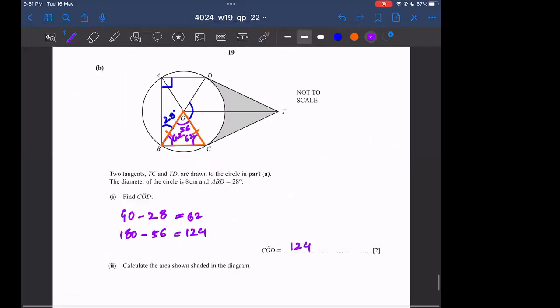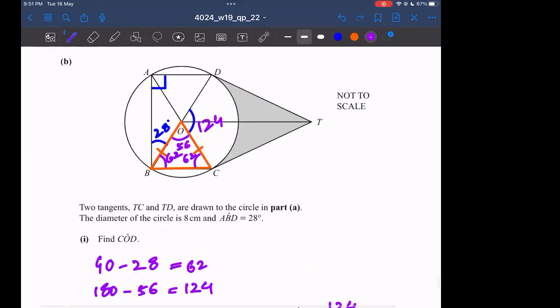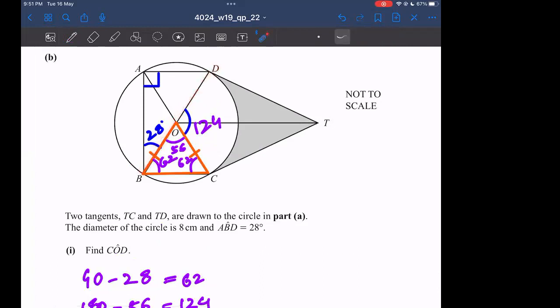Calculate the area shown shaded in the diagram. This is the area that is shown in the diagram. That is, we need to find out the area of this place. Over here, the angle is 124. Since this is the diameter, this is going to be the radius.